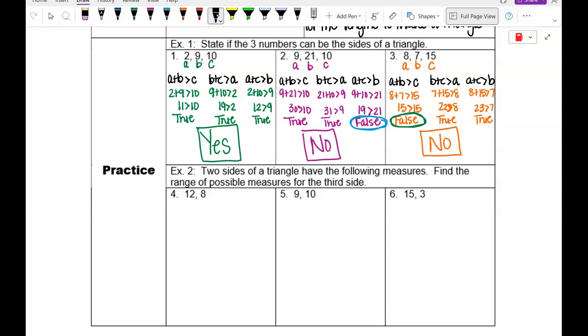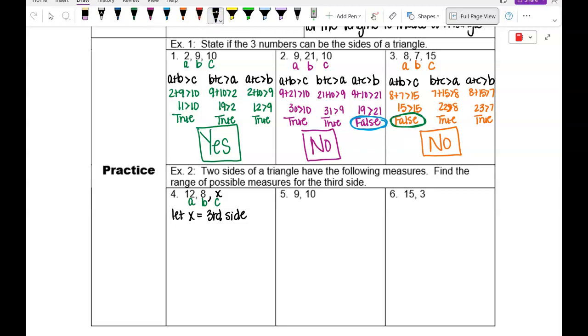So the first thing I'm going to do is say let x equal the third side. And I'm going to put x up there. So I have 12, 8, and x. Because I'm really going to follow the same thing I was doing above. It's just I have one of the sides that I don't know the value of. So I still have my A, my B, and my C in this case.